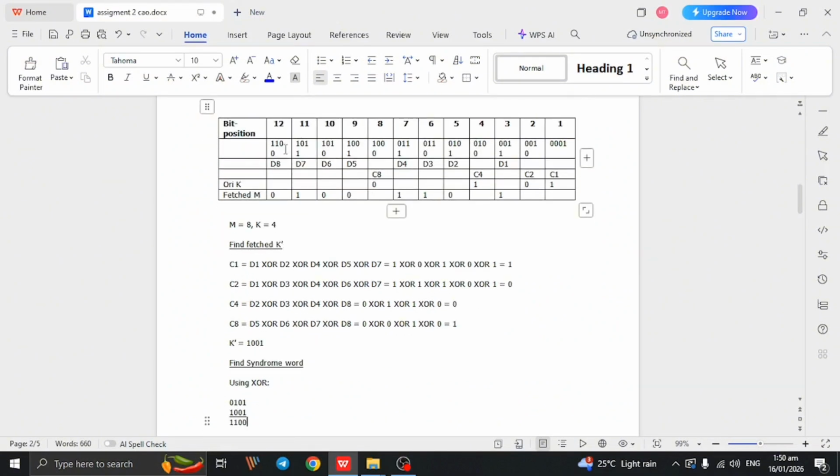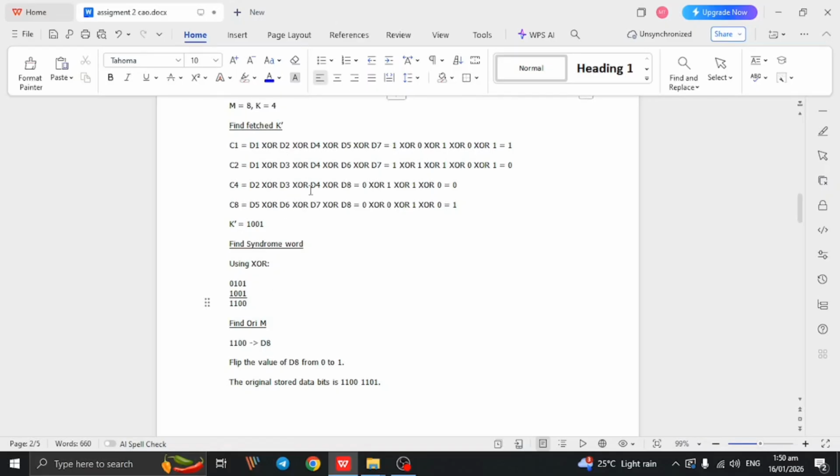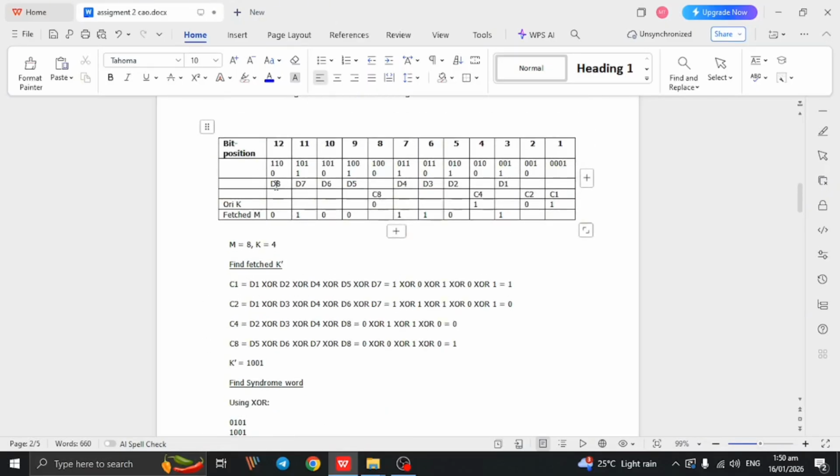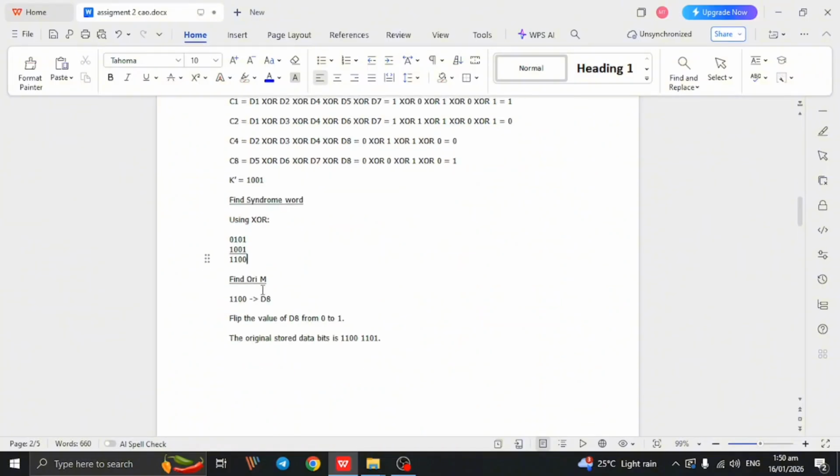So there is an error in bit position 12, or at data bit 8. Data bit 8 is equal to 0, so we flip it from 0 to 1 and correct the data. So the original data is 11001101.